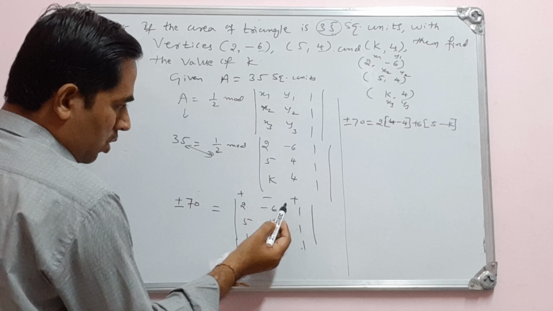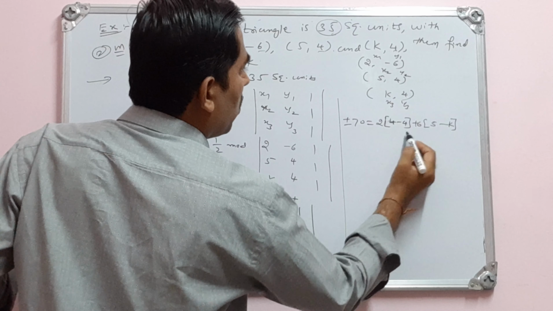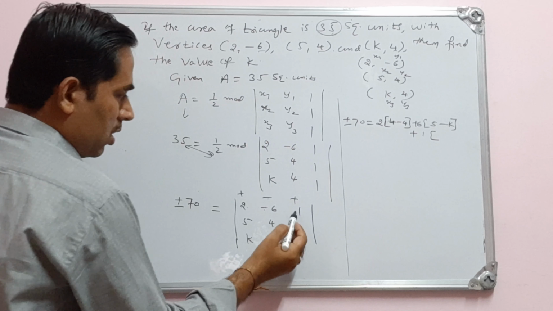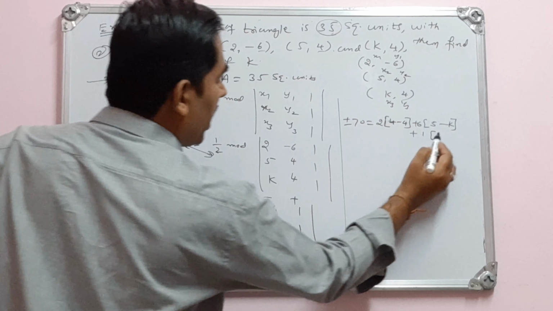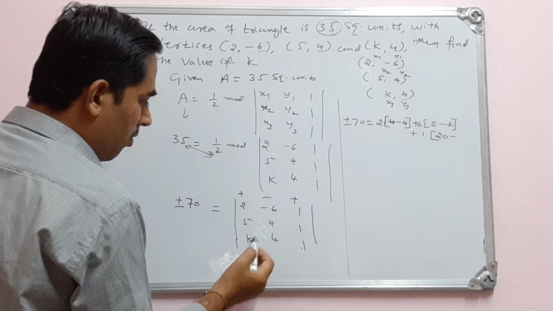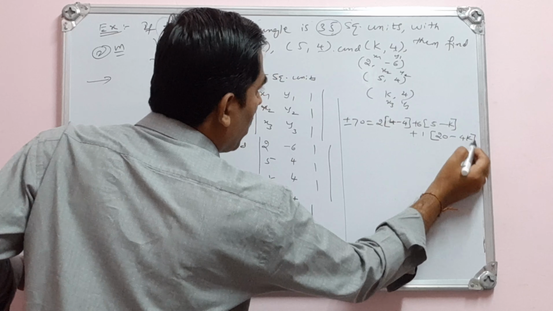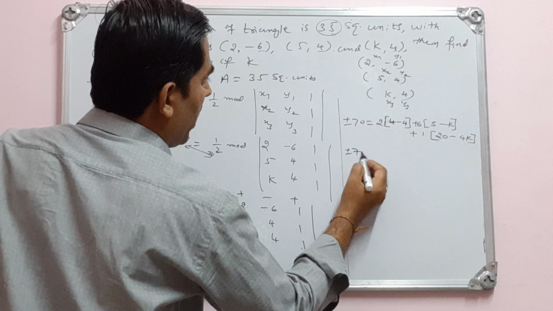Then plus 1 into, leave this column and this row, 5 into 4 is 20, minus 4 into k, that is 4k. So write plus or minus 70 as it is.